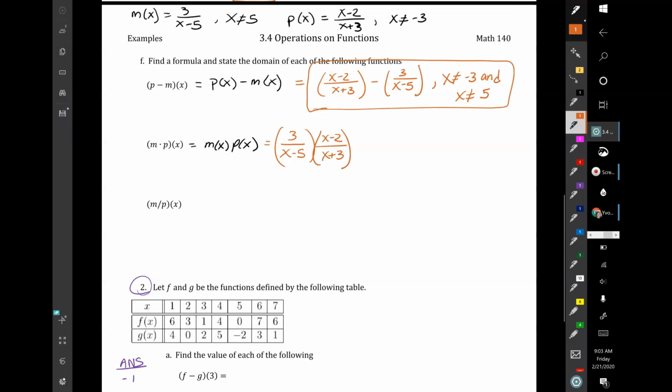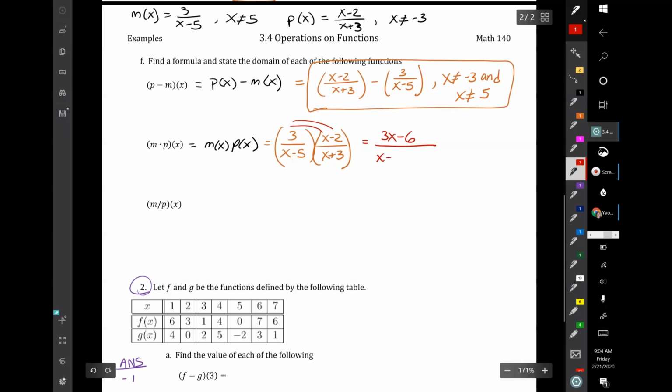Now this, we can actually distribute the 3 to the X and the minus 2, to clean that up a little bit. So we would have 3x minus 6 on top. The bottom, you could expand that out, but I'm not going to require you to do that here.